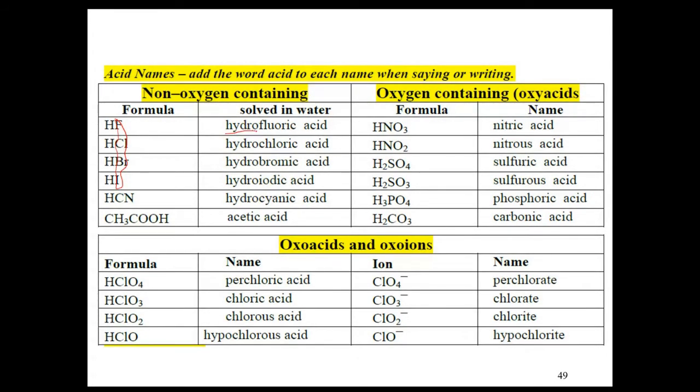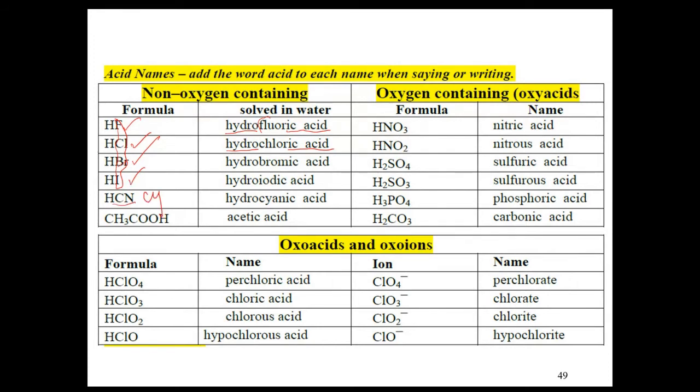These acids start with hydro and end with ic acid. Now what is in between here? If it is F fluorine, it becomes hydrofluoric acid. It is chlorine, hydrochloric acid. It is bromine, hydrobromic acid. It is iodine, hydroiodic acid. Any problem?